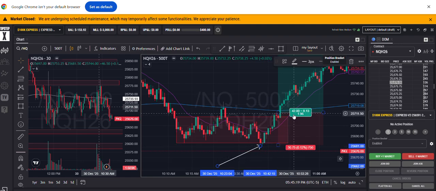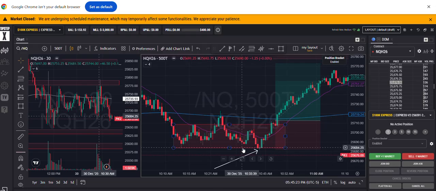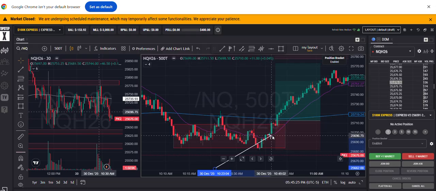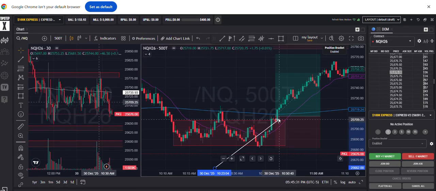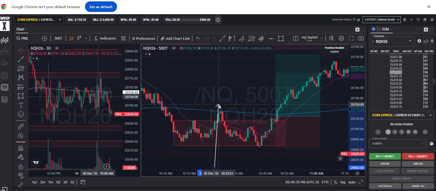Now the stop is quite wide in this case, but it is better to protect your capital, because if you put a stop here, price could potentially come back down. We don't know where price is going to drop to. So we experience that push and we enter. We would not put our profit target here, because the juice isn't worth the squeeze in this case.